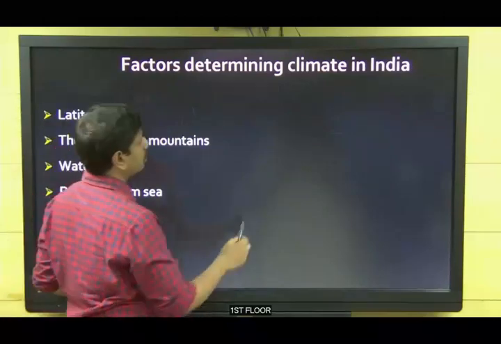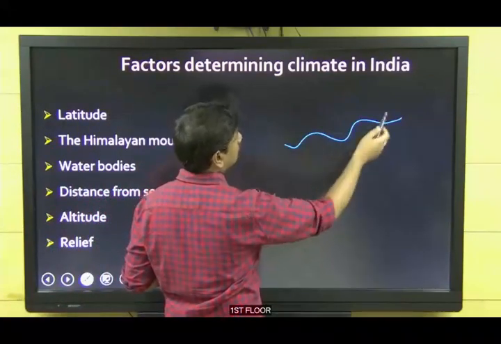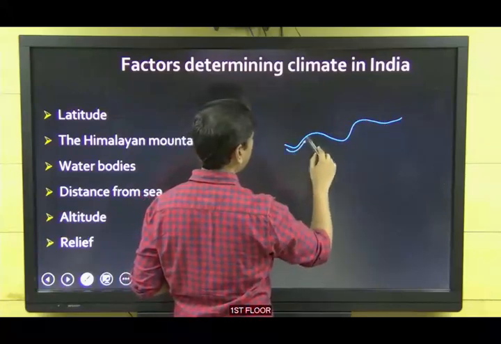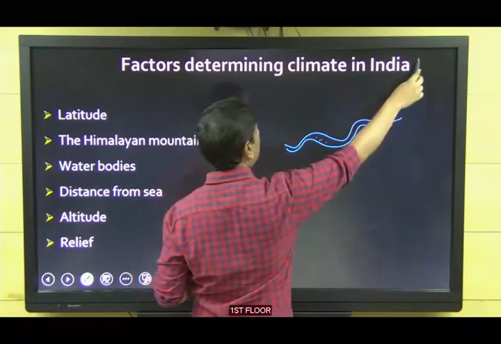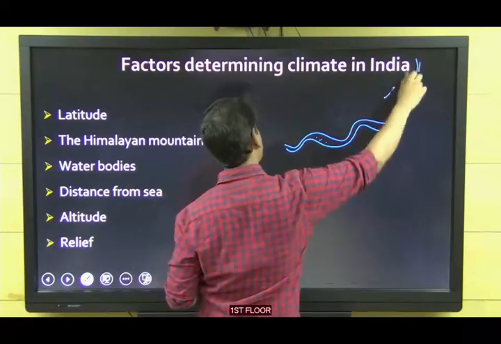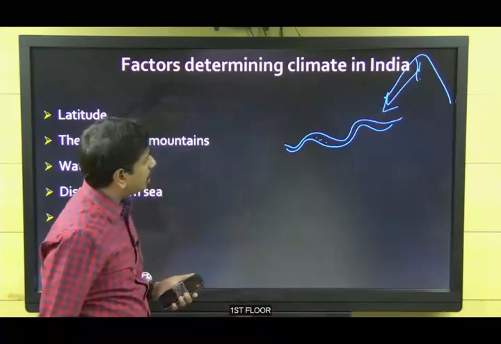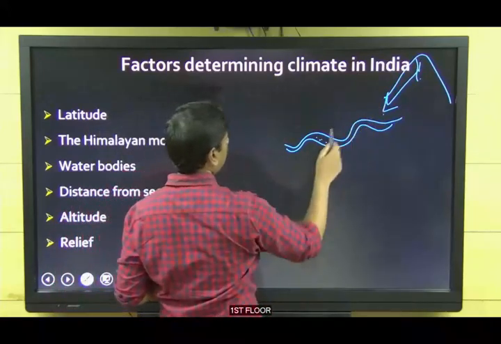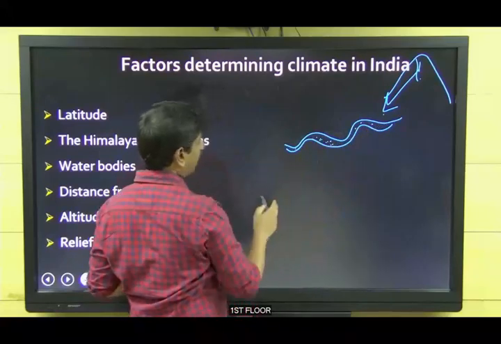Especially the Brahmaputra river shows some meandering, because they are flowing in a plain region, and due to the huge amount of deposits from the hills. Whatever the eroded material that is brought down and deposited in the plains, that causes the meandering.